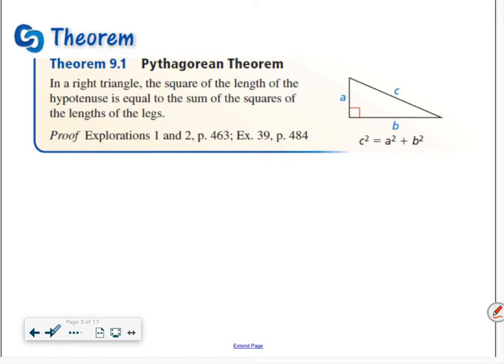I think we probably already have in our notes previously, but the Pythagorean theorem says in a right triangle, the square of the length of the hypotenuse is equal to the sum of the squares of the lengths of the legs.